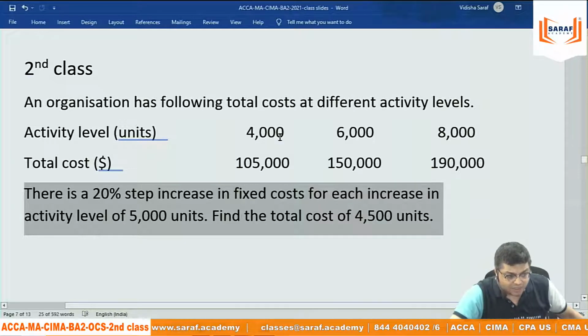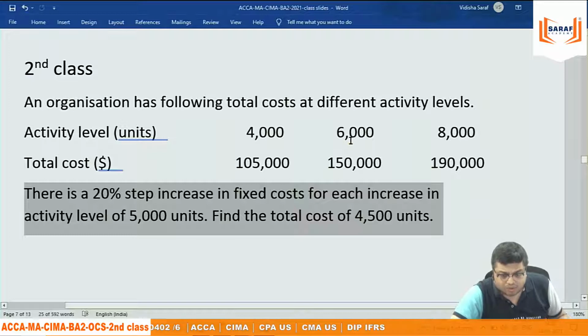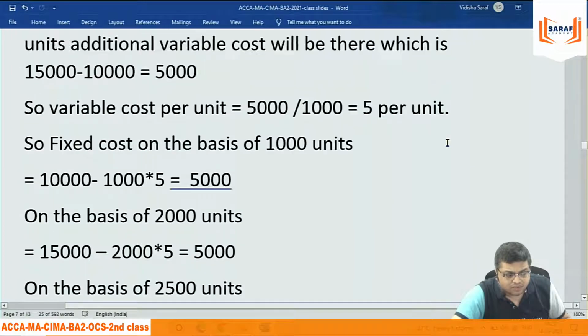At 4,000 into 22.5 is variable, 1,05,000 minus variable, 15,000 fixed. At 6,000 into 22.5 is variable, 1,50,000 minus that, 15,000 fixed. But at 8,000, it is not coming. 8,000 into 22.5 is 1,80,000. 190 minus 180, 10,000 fixed.